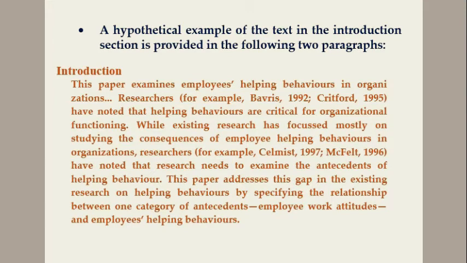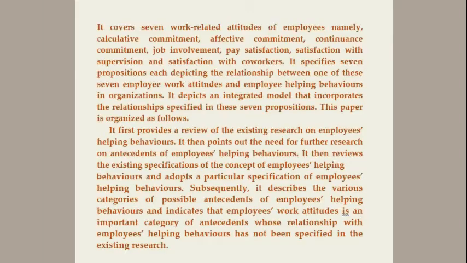This paper addresses this gap in the existing research on helping behaviors by specifying the relationship between one category of antecedents, employee work attitudes, and employee helping behaviors. It covers 7 work-related attitudes of employees, namely calculative commitment, affective commitment, continuous commitment, job involvement, pay satisfaction, satisfaction with the supervision, and satisfaction with the co-workers.